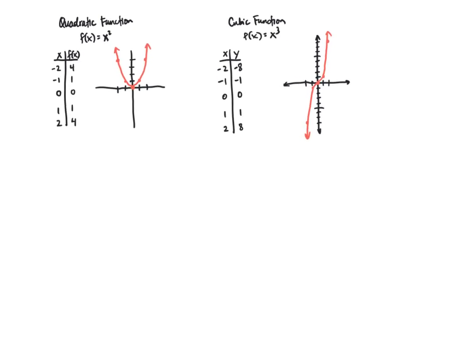Next, let's look at the square root function. So that's f of x equals the square root of x. Now this time, with the square root function, you're not going to pick any negative values for x because that's not in the domain of the function.